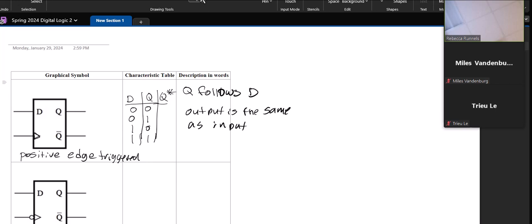So Q next is going to be 0 whenever D is 0, and Q next is going to be 1 whenever D is 1. And this change happens, so you only change on the positive edge of the clock.